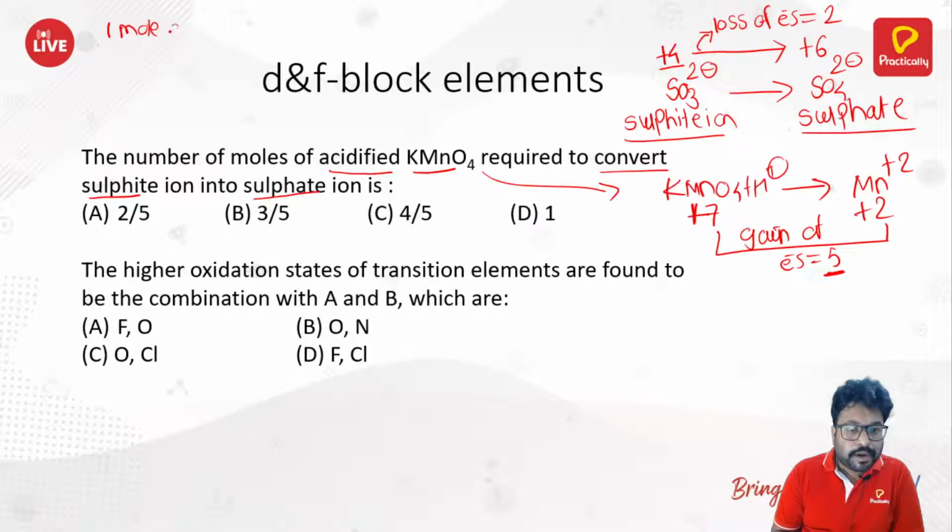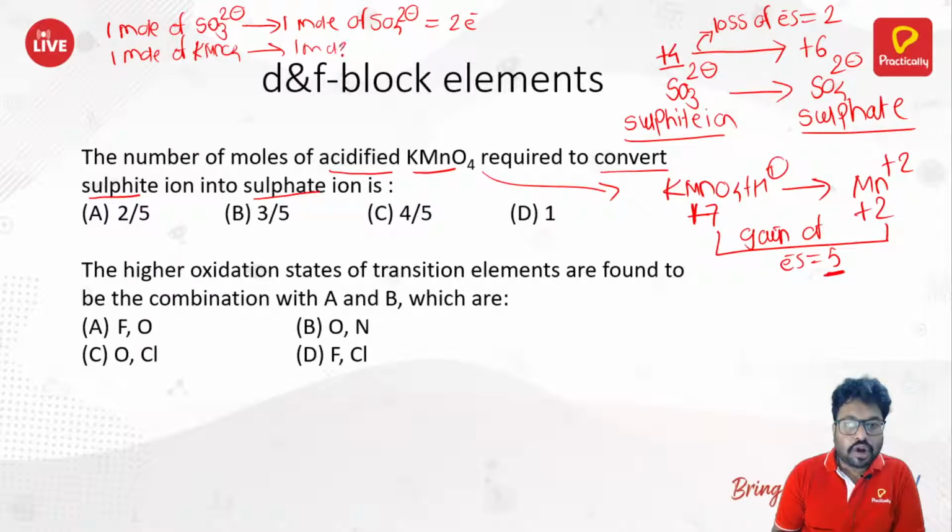1 mole of SO3 2 minus, sulfite sorry, goes to 1 mole of sulfate, SO4 2 minus. How many electrons? 2 electrons. Then 1 mole of KMnO4 going to 1 mole of Mn +2 is equal to 5 electrons.